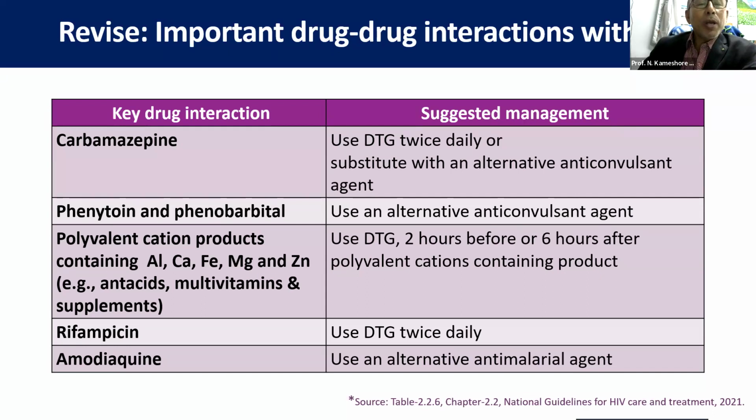While giving phenytoin and phenobarbital, we have to use an alternative anticonvulsant agent to avoid phenytoin and phenobarbital. For polyvalent cation products containing aluminum, calcium, iron, magnesium, zinc, etc., antacids and multivitamin supplements, we have to give dolutegravir 2 hours before this medication or 6 hours after this medication.